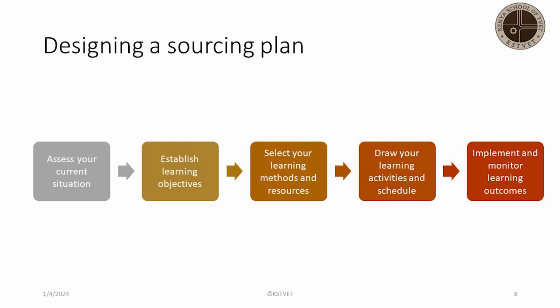You need to establish the learning objectives, after which you select your learning methods and resources. You will then draw your learning activities and schedule. And lastly, you will implement and monitor the learning outcomes.